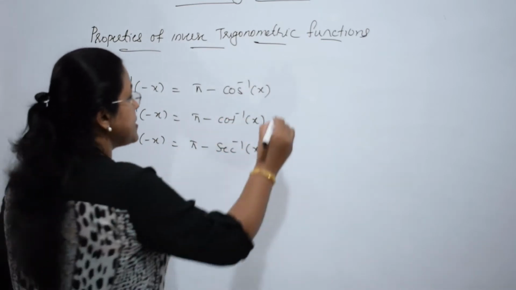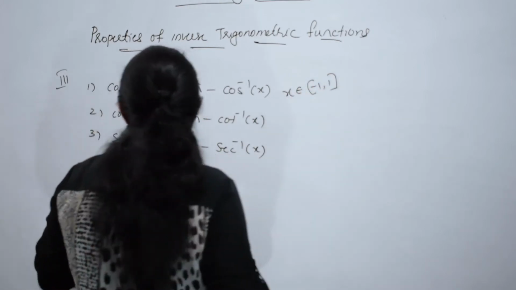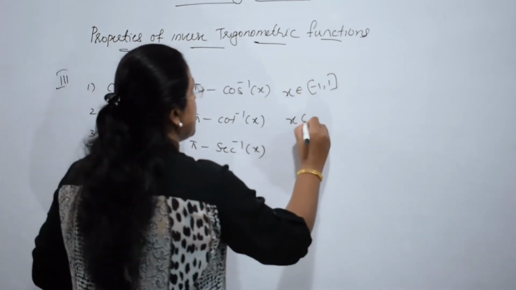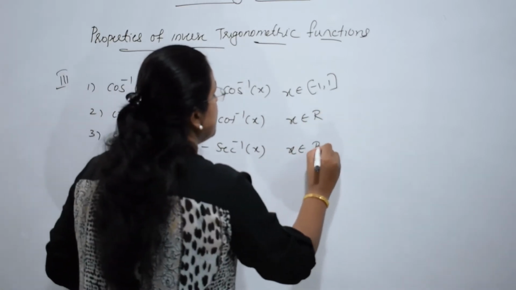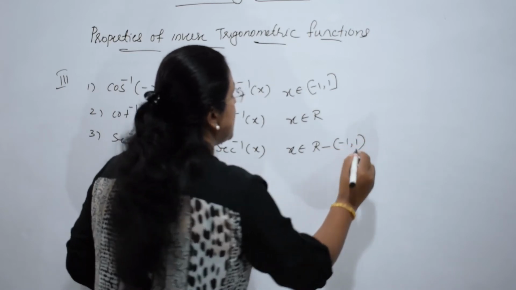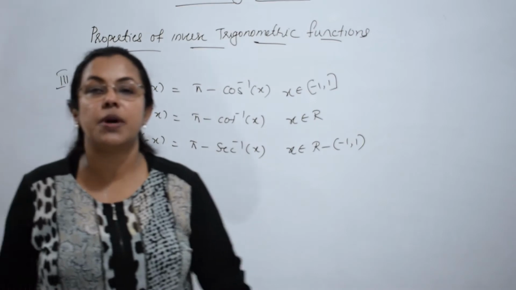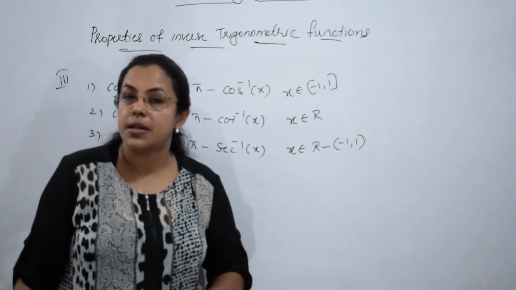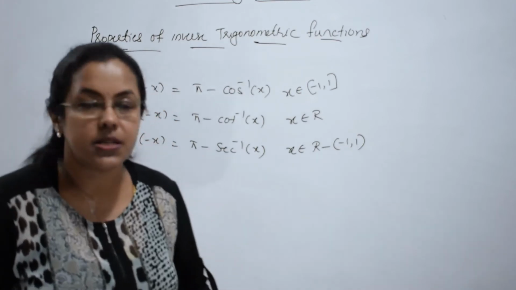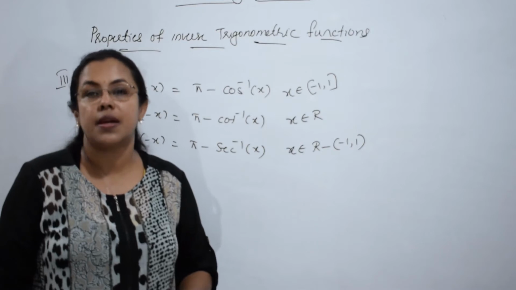Here x is an element of minus 1 to 1, here x is an element of R, and here x is an element of R minus (-1, 1). Under these domains, cos inverse minus x is equal to pi minus cos inverse x, cot inverse minus x is equal to pi minus cot inverse x, and sec inverse minus x is equal to pi minus sec inverse x.